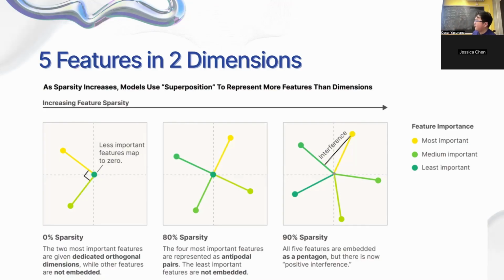You might still see that one important thing with this middle graph is that the most important vector is going to be orthogonal to the least important vector.